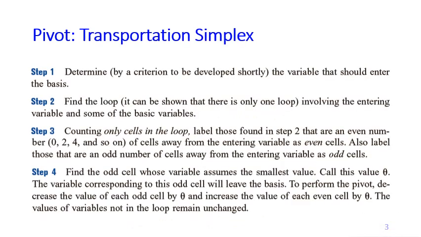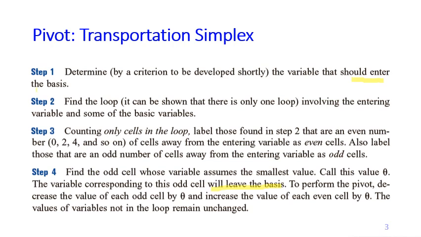So these are the 4 steps in the pivoting procedure for transportation simplex. It's actually similar to what I just said in the previous slide. The key in pivoting is first we need to know who should enter the basis. In other words, which one is the entering variable. And at the end, we need to say who should leave the basis.